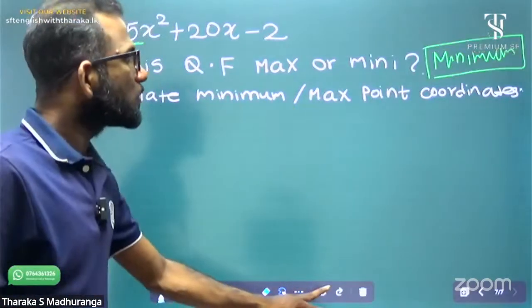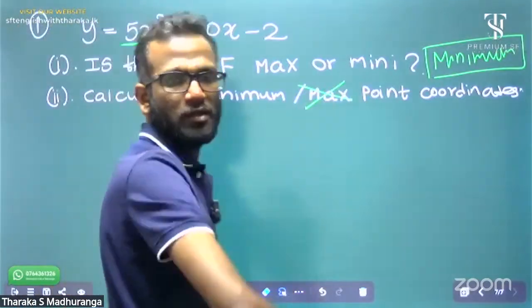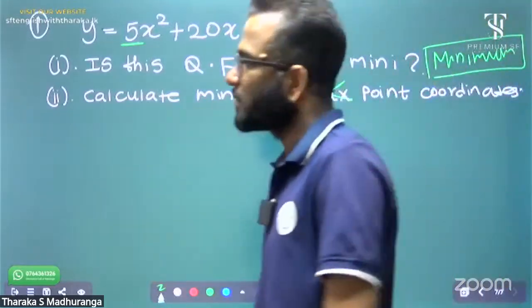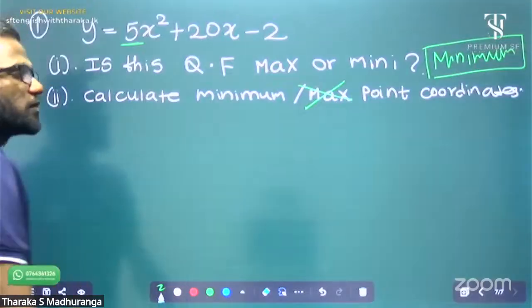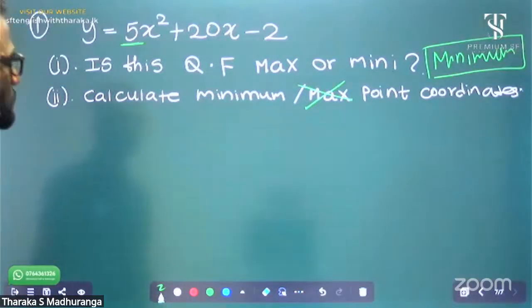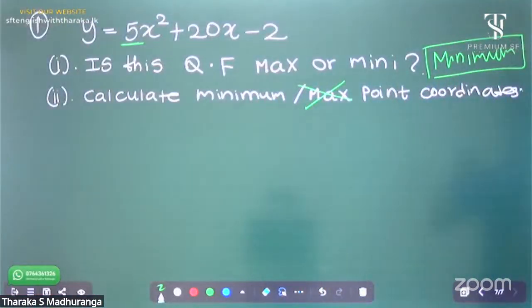There is no maximum point. The minimum point is a turning point. What is the x coordinate and what is the y coordinate?